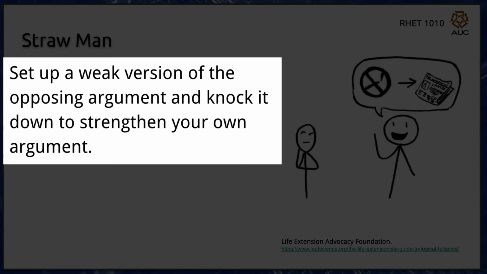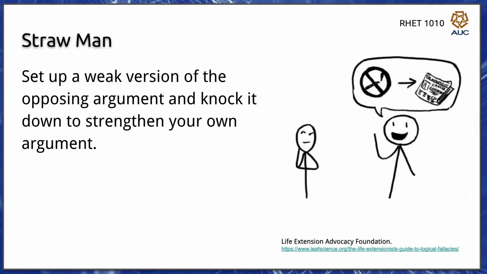You take the argument against what you're saying and you mischaracterize it as something that's very weak, like a straw man. A straw man, or a scarecrow, the kind that stands out in the field to scare away birds, you can push it over with your hand. You can knock it down easily. And the idea in a straw man is that you mischaracterize the other side's argument, and then you knock it over. Let's take a look at an example.